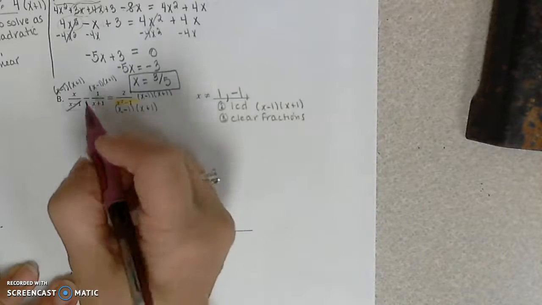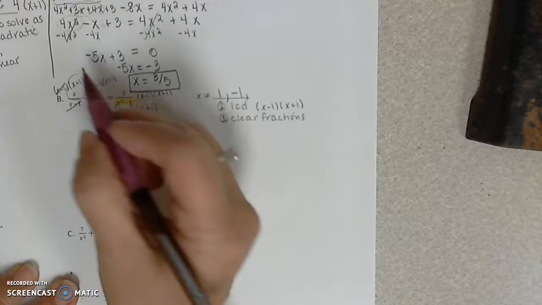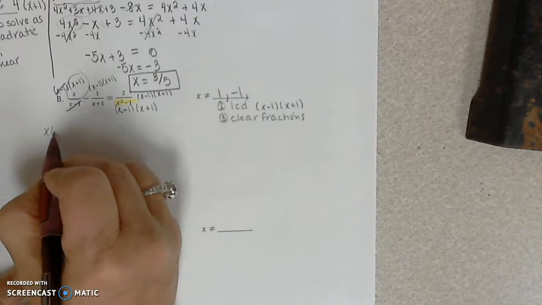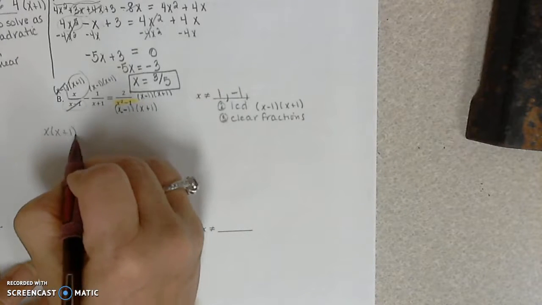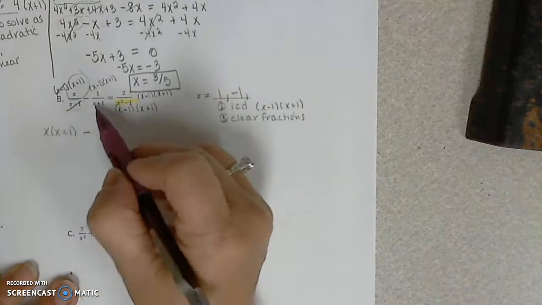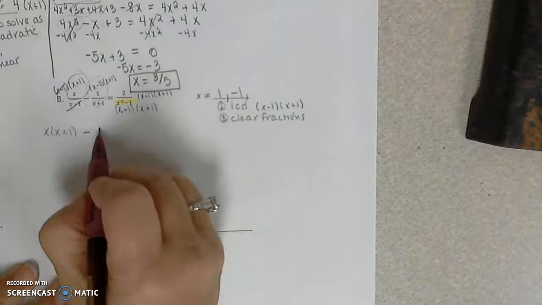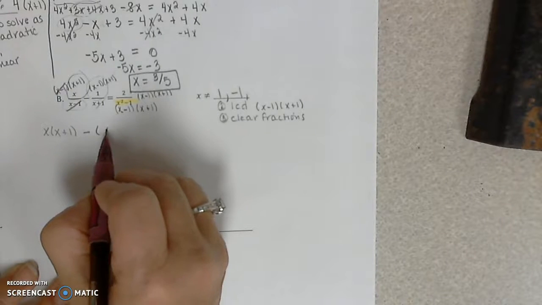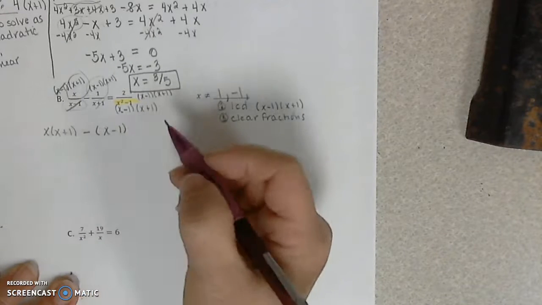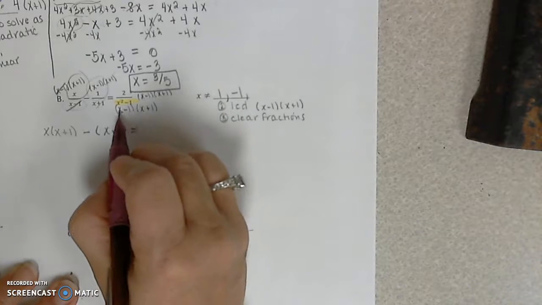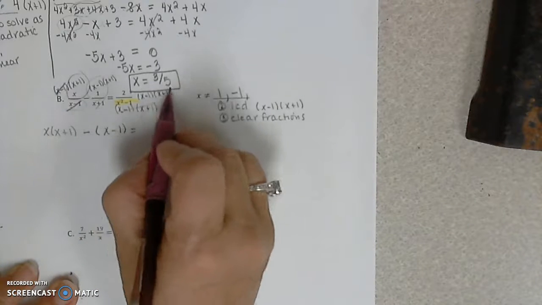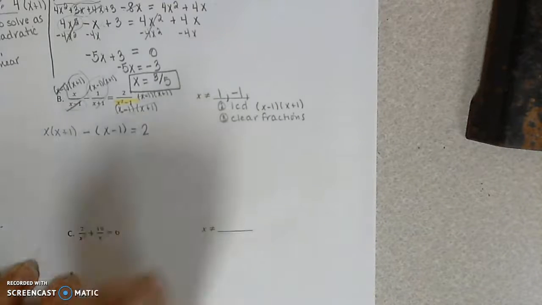That clears out, and we're left with all of that. So x times x plus 1. X plus 1's clear out, and we're left with minus 1 times x minus 1. And then this whole denominator clears out, and we just have a 2.